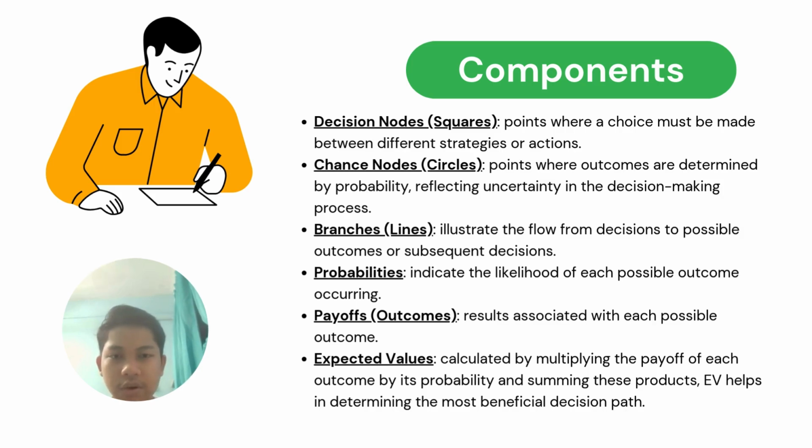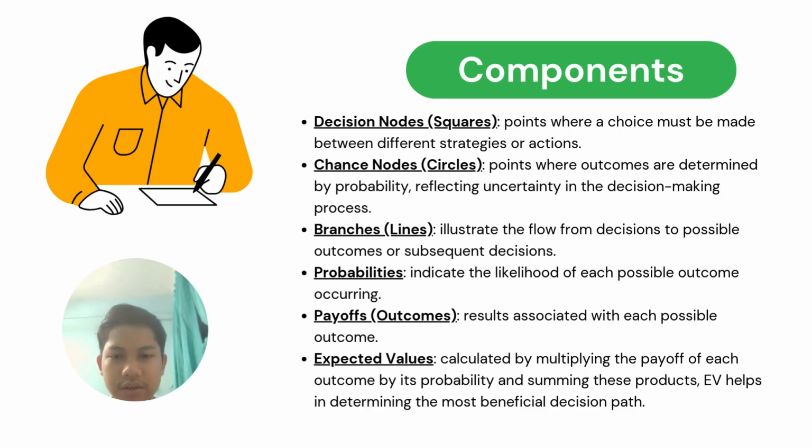Next up is the branches or lines, and these illustrate the flow from decisions to possible outcomes or subsequent decisions. Next is probabilities, and these indicate the likelihood of each possible outcome occurring. Next up is payoffs or outcomes, which basically is the result associated with each possible outcome.